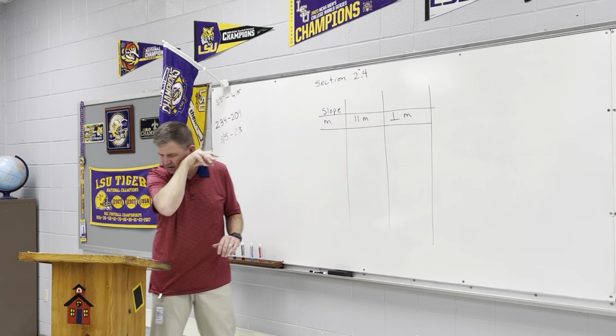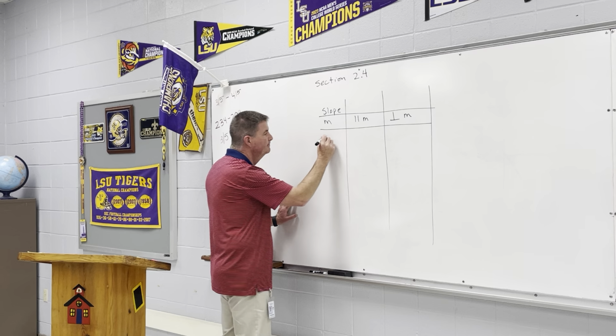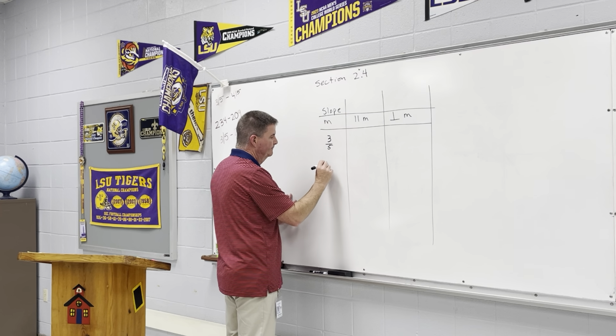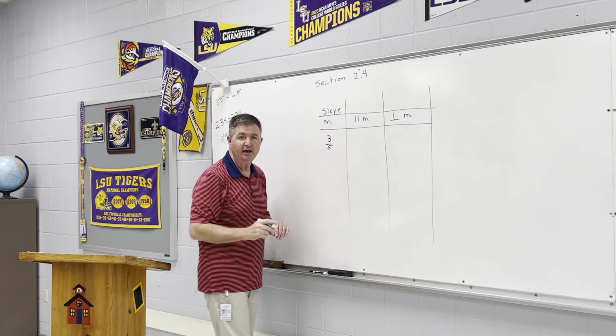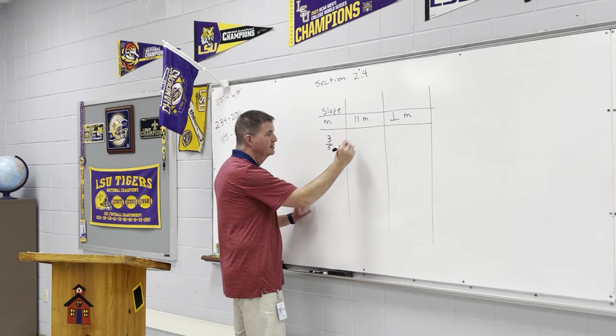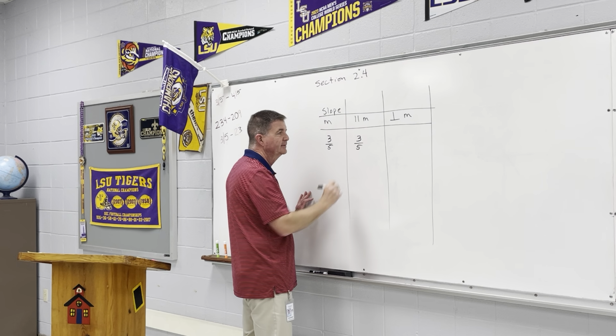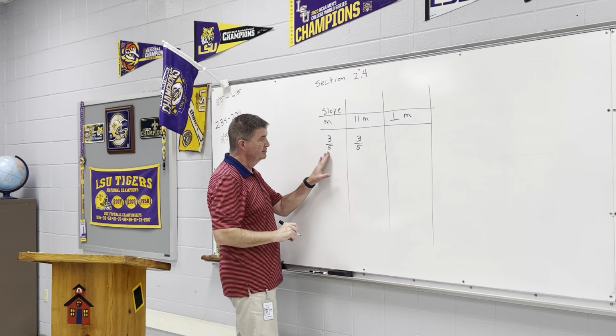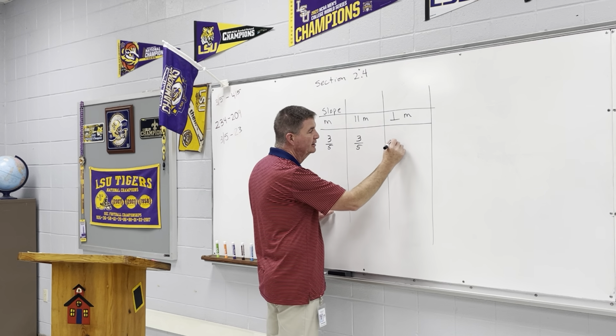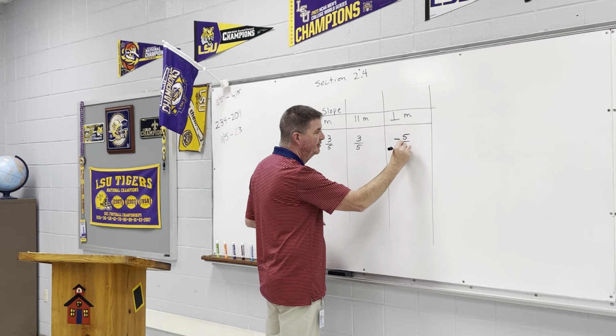So if I have a slope of 3/5, I want the slope of the line that's parallel to that. It would also be 3/5. If my slope is 3/5, the line that's perpendicular to that would be -5/3.